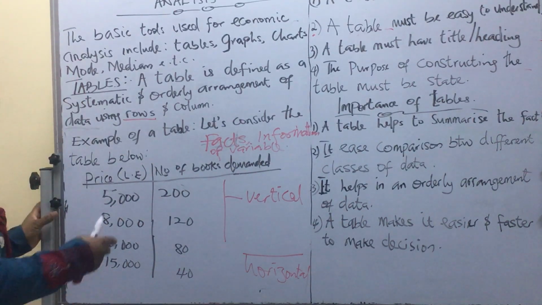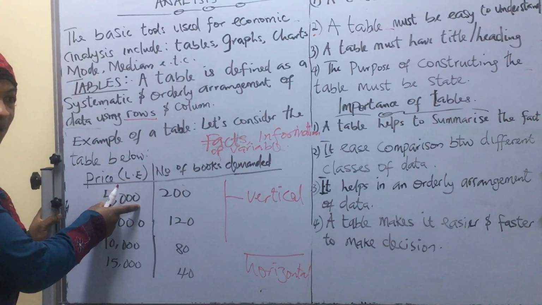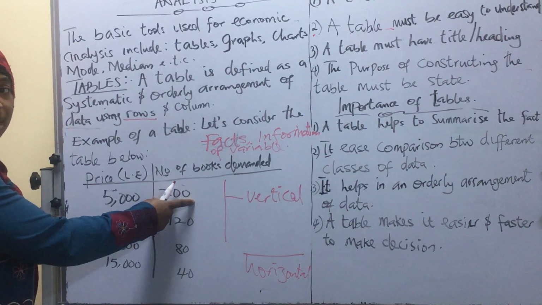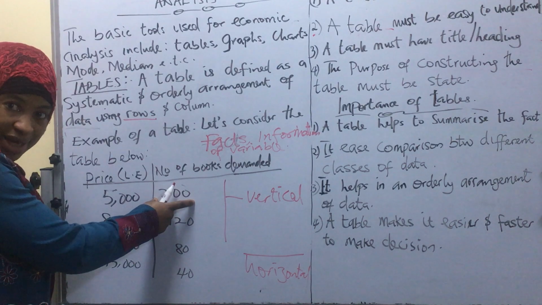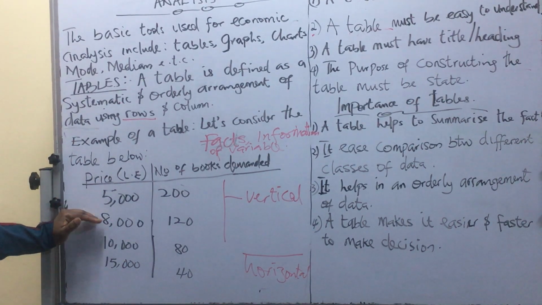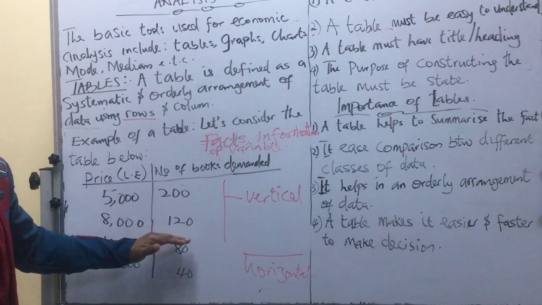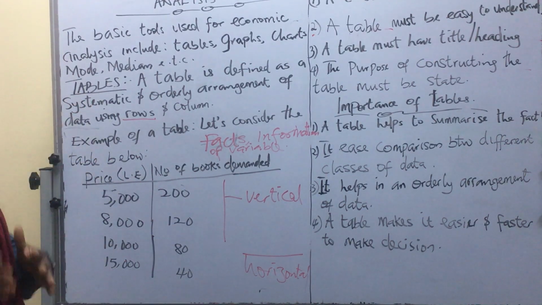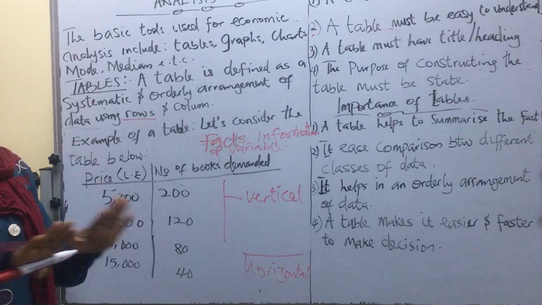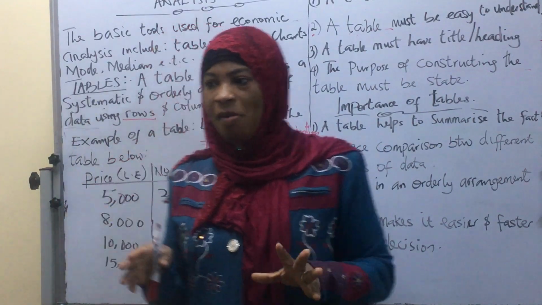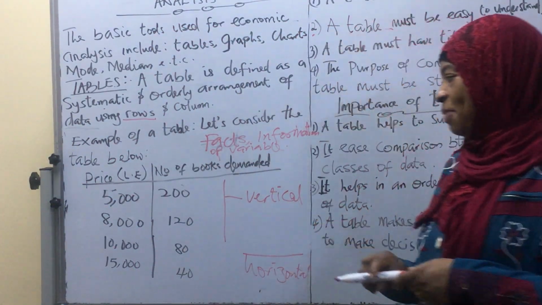When the price was very cheap, we have larger quantities of books being demanded, and when the price increases a little bit, it drops to 120. This means the higher the price, the lower the quantity demanded.